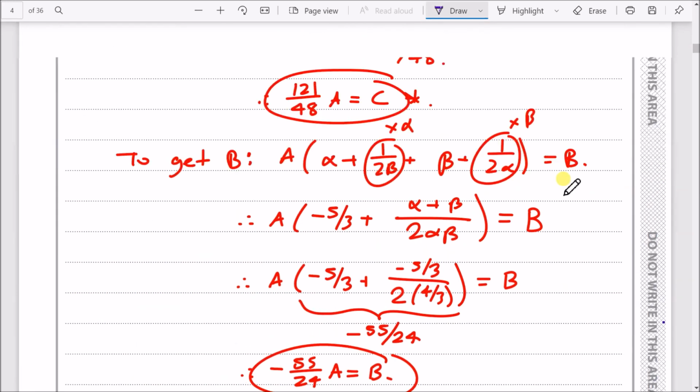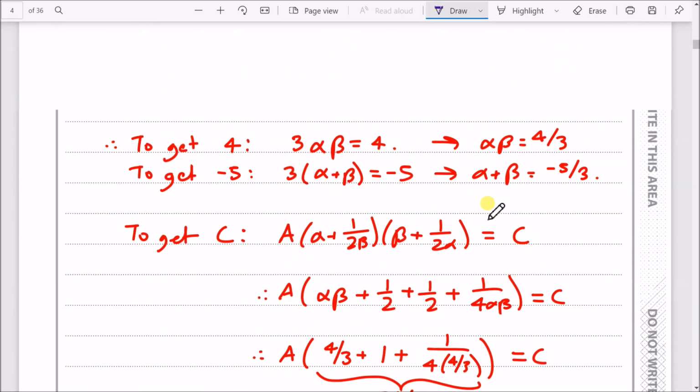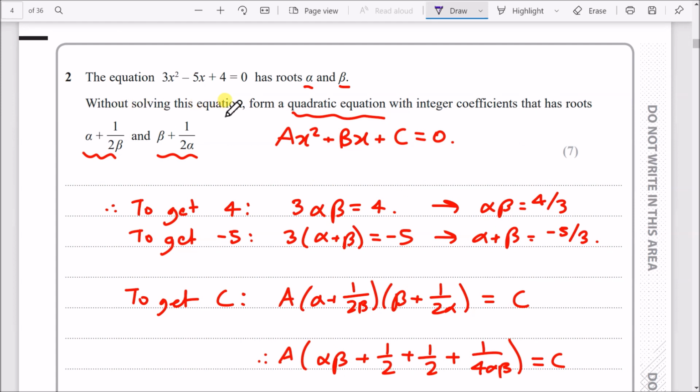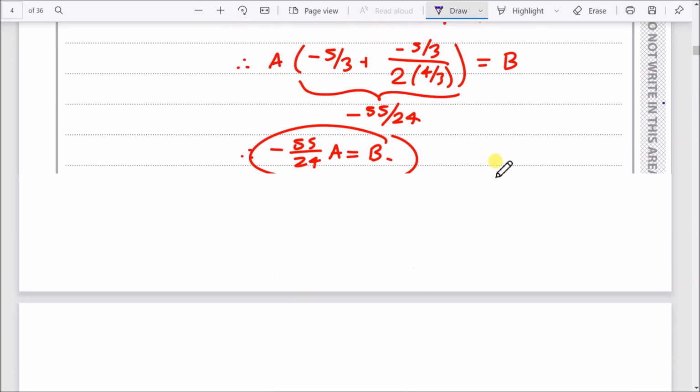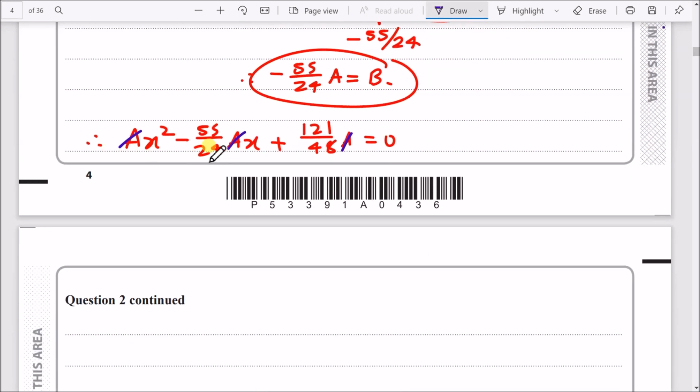And now, in the beginning of the question, this would usually be the end, yeah? But they said, without solving an equation, form a quadratic equation with integer coefficients. So in other words, you got to make sure that your final results are all whole numbers, yeah? Not fractions. Now, to make this into whole numbers, let's just clear the fraction, yeah? So let's times everything by, let's see, 48. Because we know this is like a factor of 48.